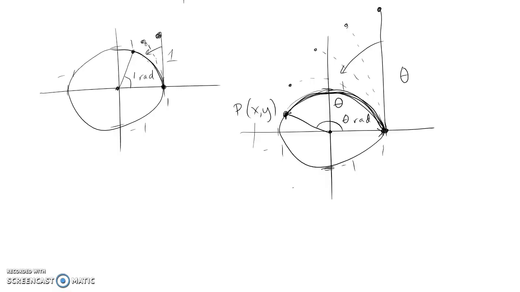So I'm saying that the x and the y here for P are the two outputs of our trig functions, sine and cosine. And it turns out that they are actually involved with all 6 trigonometric functions.